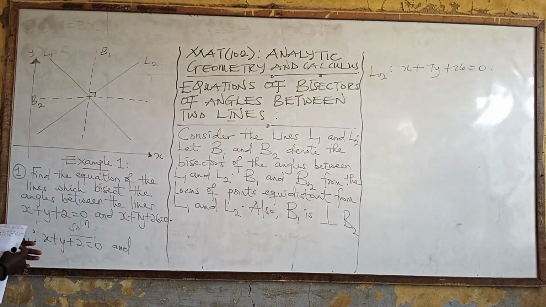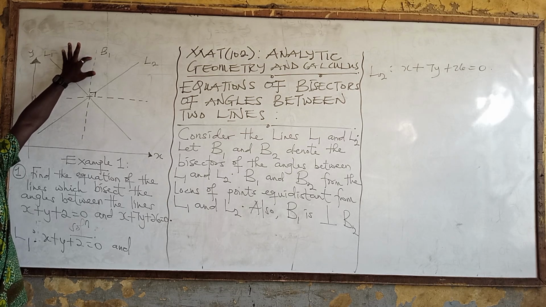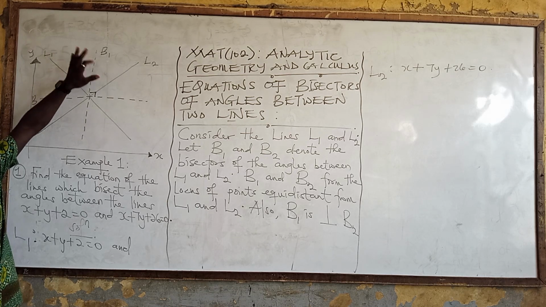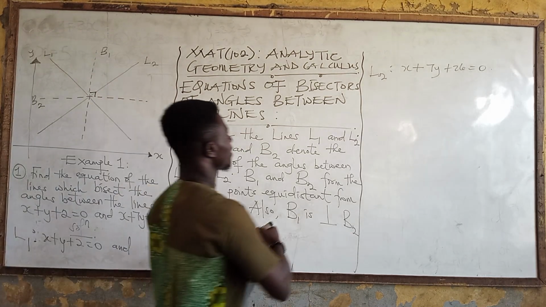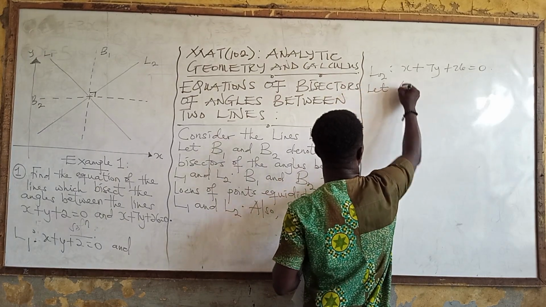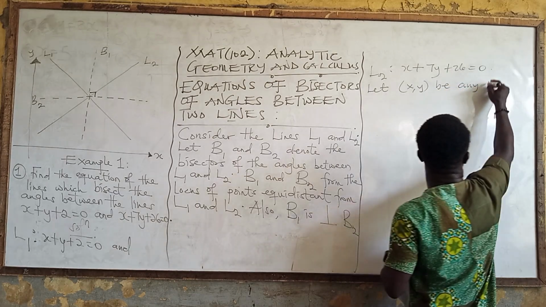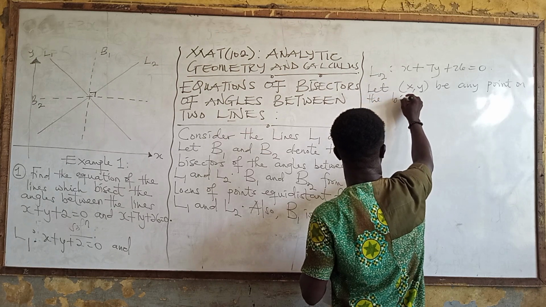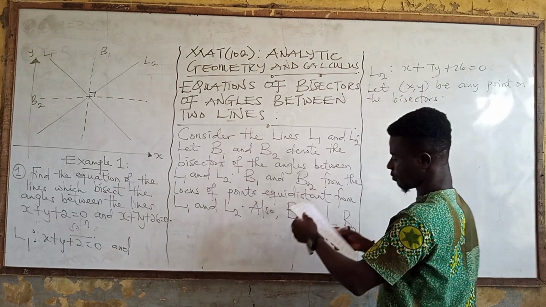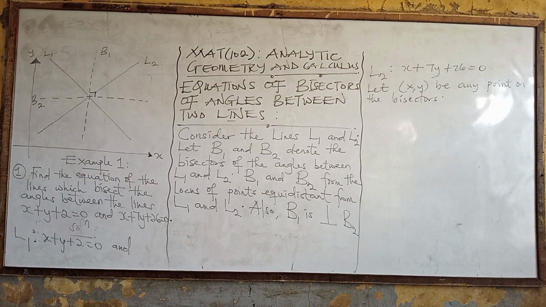Now, we can denote any point on the bisectors. We can say that point (x, y) must be on this line as a bisector. So let (x, y) be any point on the bisector.